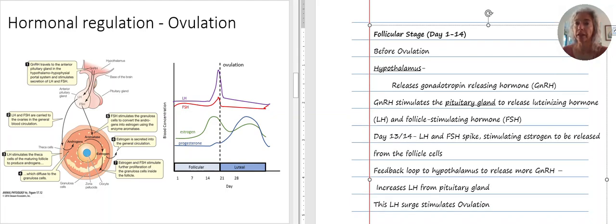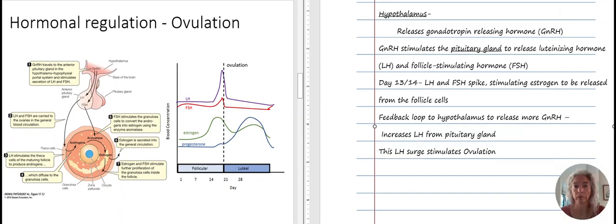This increase in estrogen will feed back to the hypothalamus, stimulating more gonadotropin releasing hormone, which will then in turn increase the release of the luteinizing hormone from the pituitary gland. The surge of luteinizing hormone will stimulate ovulation.